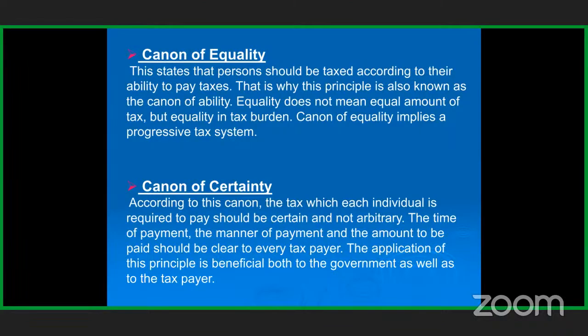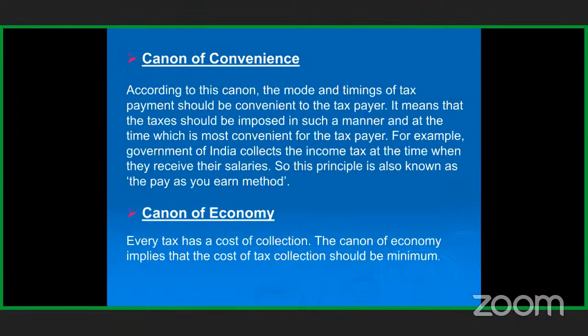It should not be arbitrary to the taxpayer. Certainty should be there. And canon of convenience states that it should be convenient to the taxpayer. So the government should impose and collect the tax at the time when the taxpayers receive their income or salaries. And canon of economy states that the cost of collection of taxation should be minimum.